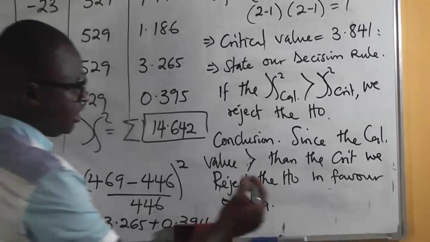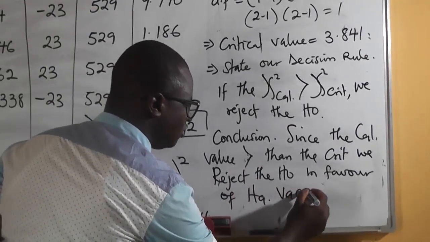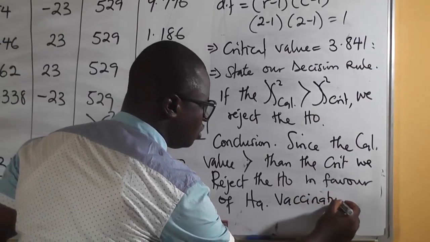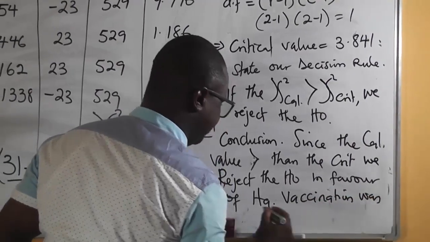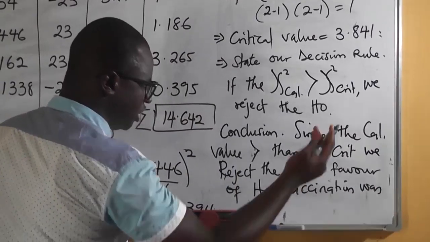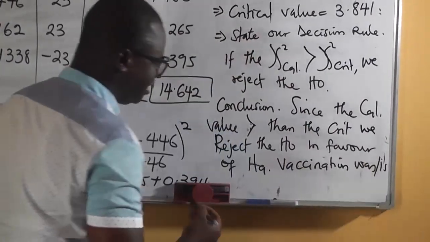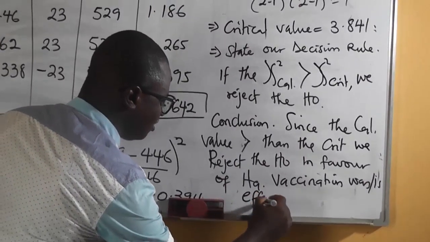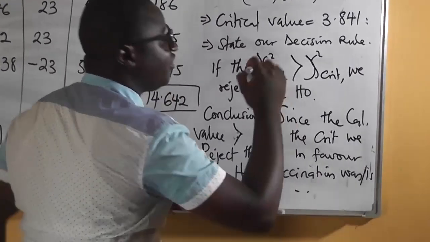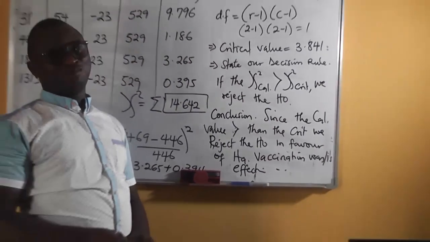So that means vaccination was effective, or is effective. You can use was or is anyhow, forget about the tenses. It is effective in the prevention of smallpox.